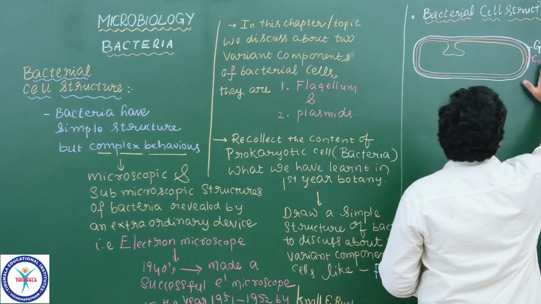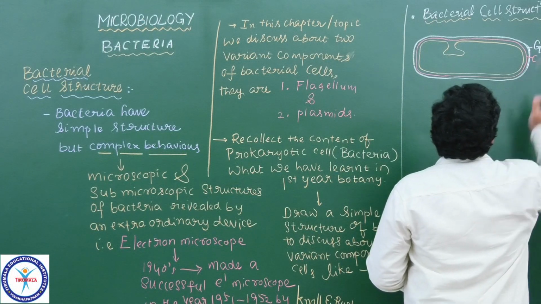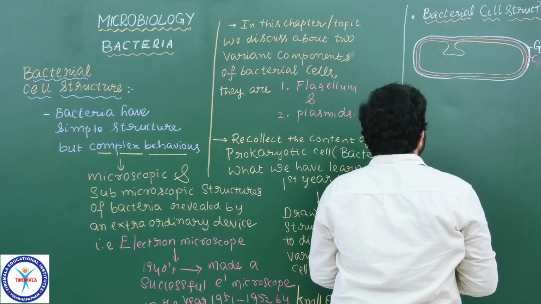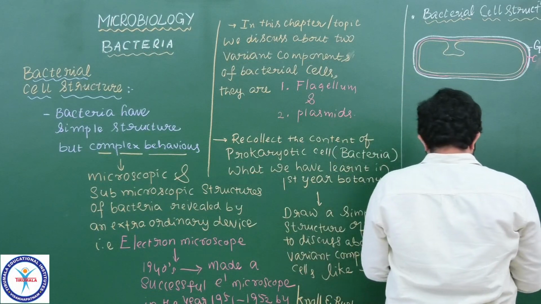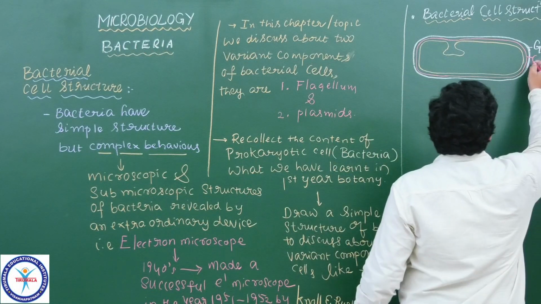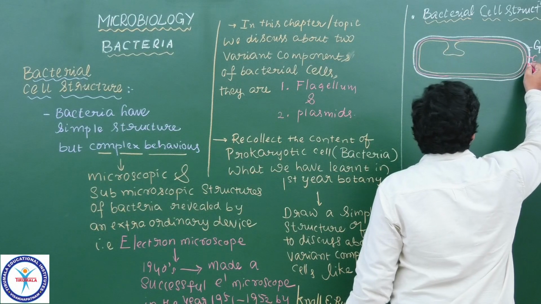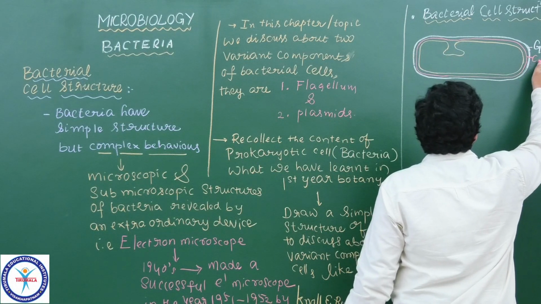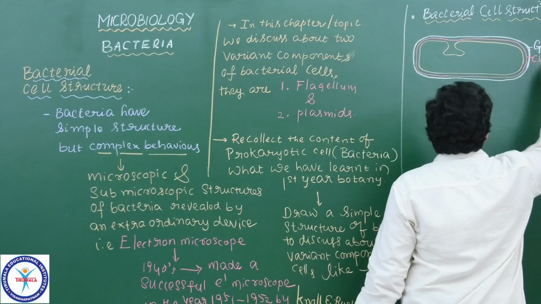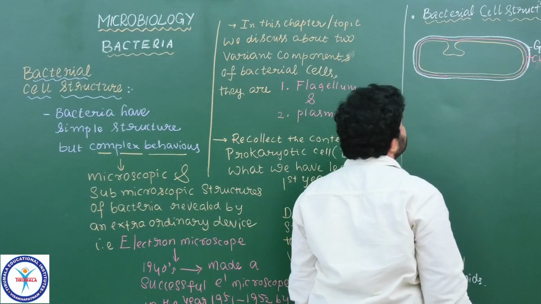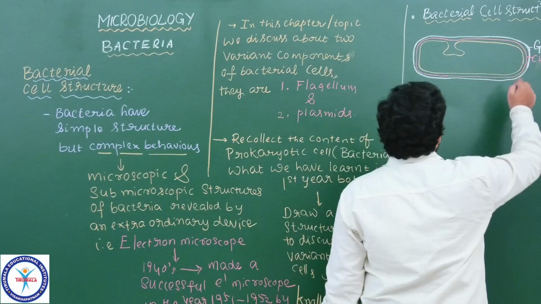No, it is not the cell membrane, it is the second layer. The outermost layer is called glycocalyx. Immediately on the inner side of the glycocalyx is the cell wall. What is it, students? Cell wall. Check once clearly. It is the cell wall.